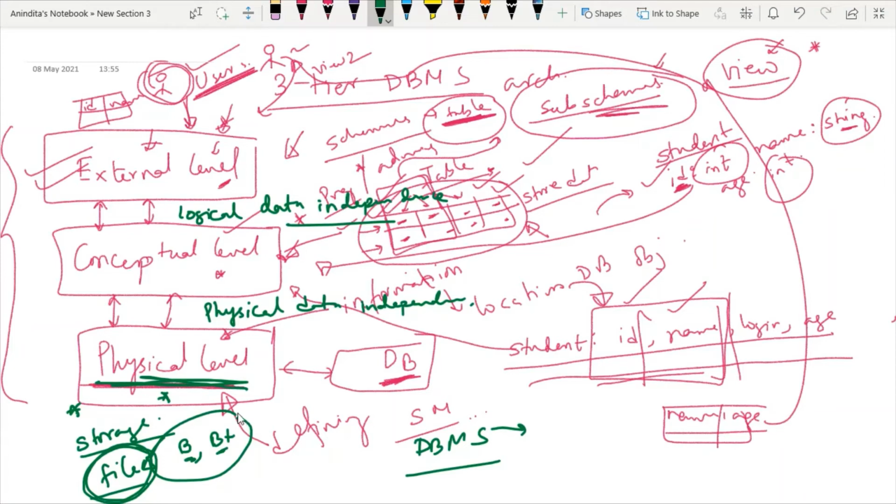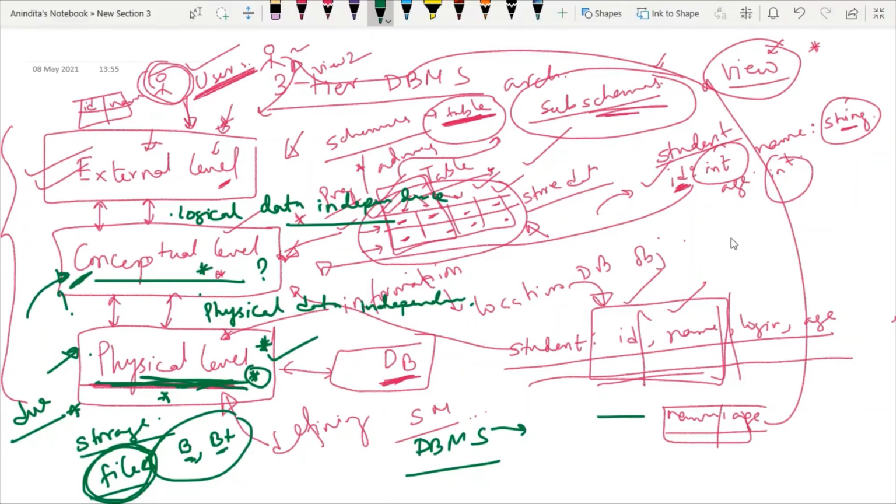Then does it affect its higher level, that is, the conceptual level? That is the question. So I can say that due to physical data independence, if I change anything at the physical level, it will not hamper the conceptual level. Now there will be one question: what kind of change could we expect at the physical level?